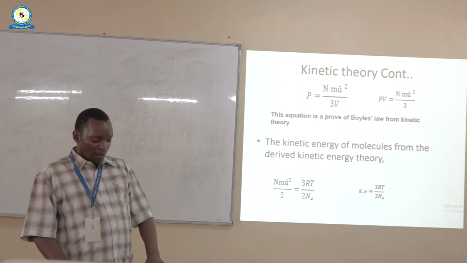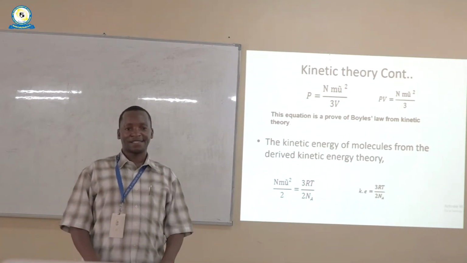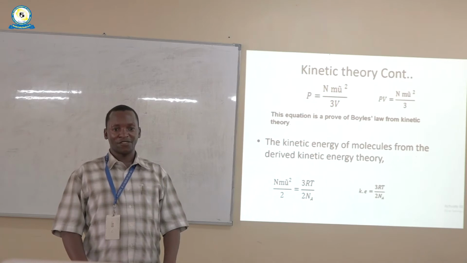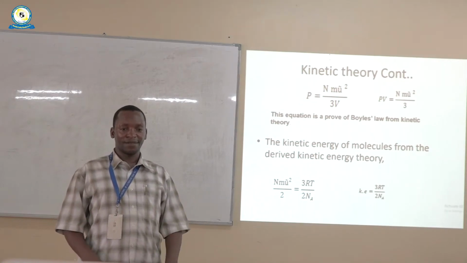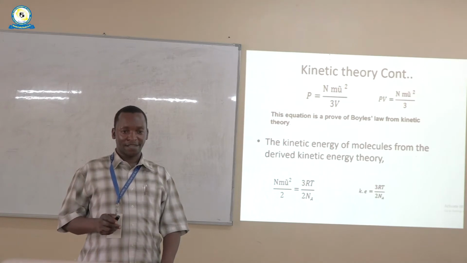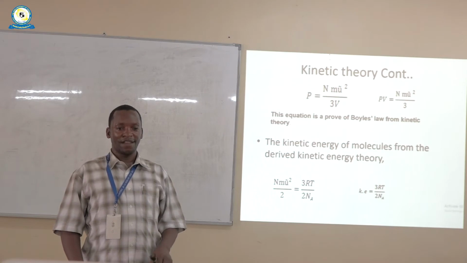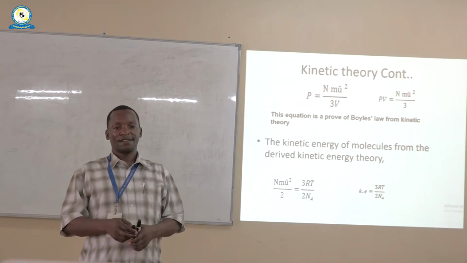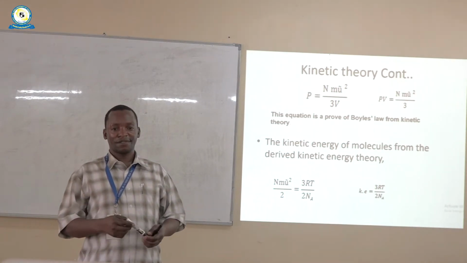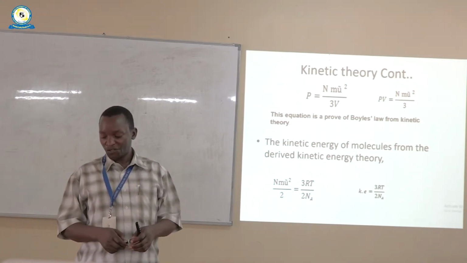We have seen how pressure can be derived using the kinetic theory, and we have the equation. Another important thing is to know the kinetic energy of molecules contained in that cube.